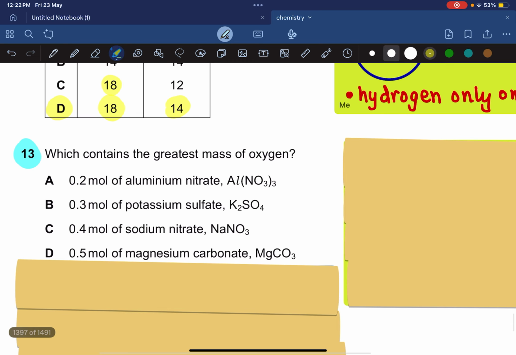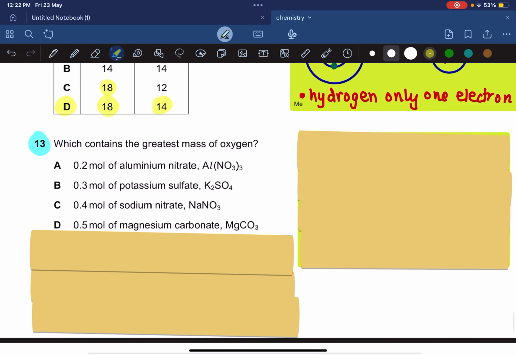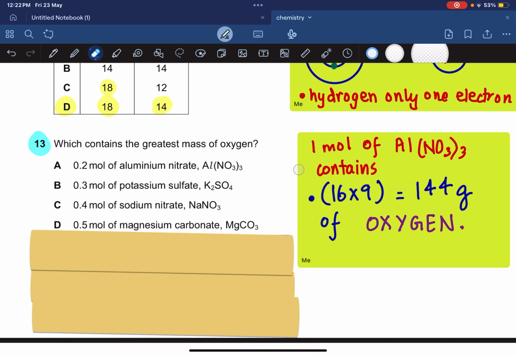Okay, now we're moving to extremely difficult questions that were found extremely challenging. I've highlighted them with this blue marking. So now this question is, which contains the greatest mass of oxygen? The key concept over here is that you have to understand the mass of 1 mole of a substance. So 1 mole of Al(NO3)3, aluminum nitrate, contains 16 times 9, 144 grams of oxygen.